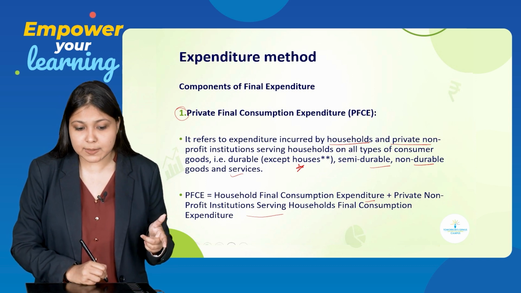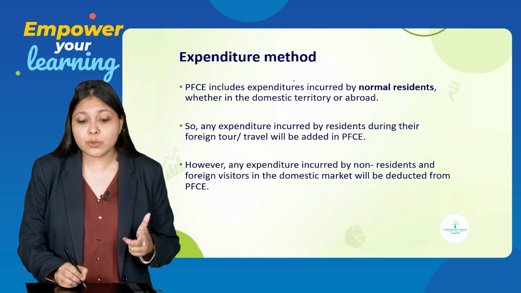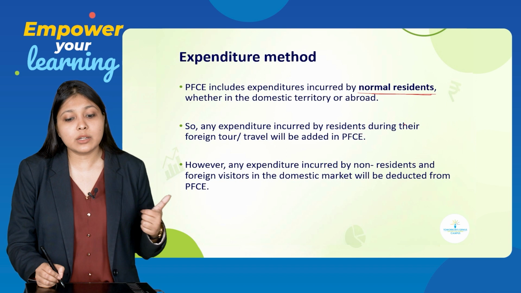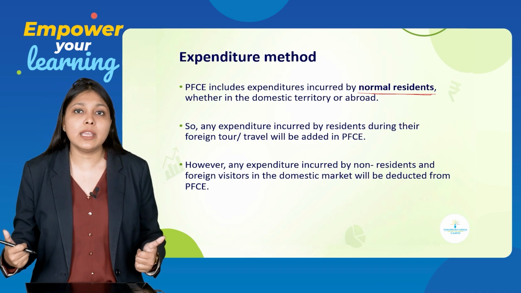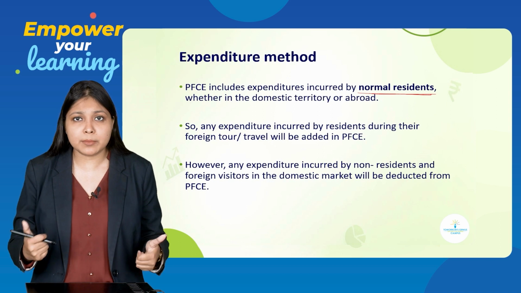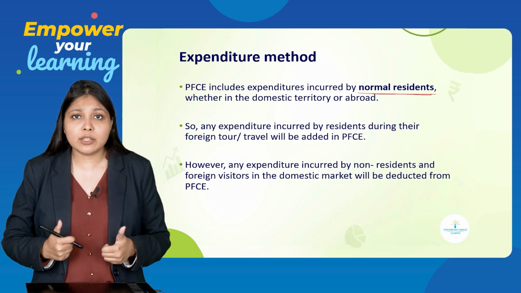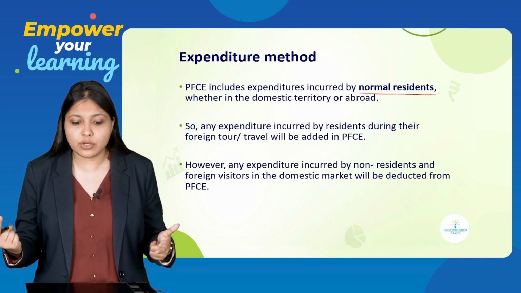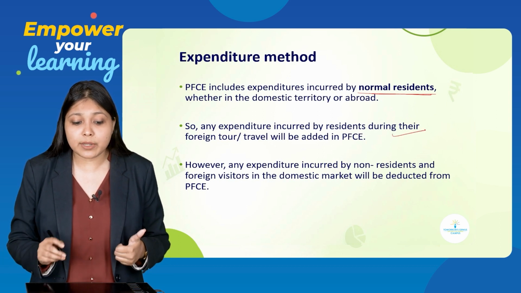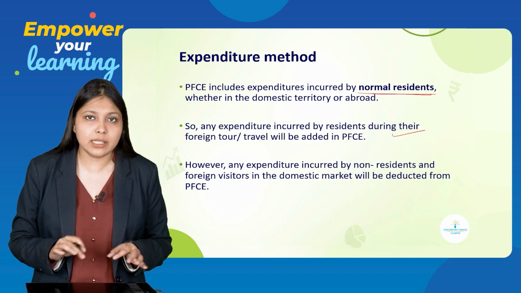So PFCE includes expenditure incurred by all normal residents, whether in the domestic territory or living abroad. It will include all transactions done by normal residents, be it within the domestic territory or outside it. Any expenditure incurred by a resident during a foreign tour or travel will be added in PFCE.